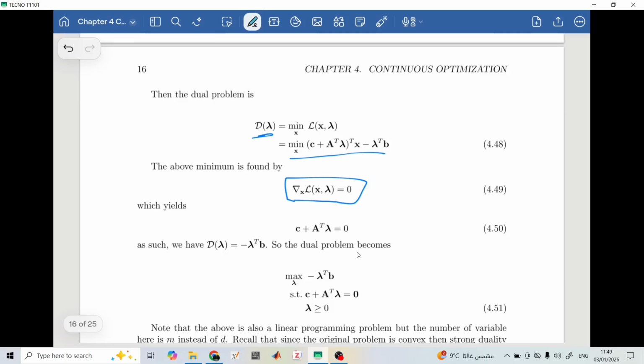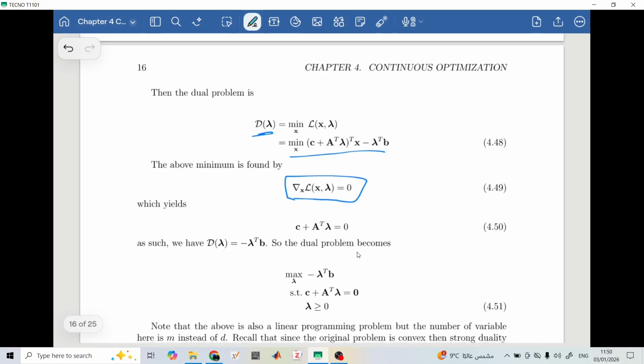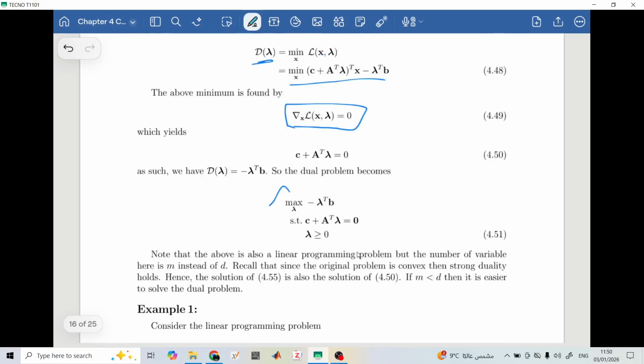Then we can find x and substitute back into the Lagrangian to find the dual problem. The dual problem in this case is very simple, like a formula. You convert a linear problem into another linear problem: if the primal is linear, the dual is also linear with respect to lambda, the Lagrange multipliers.